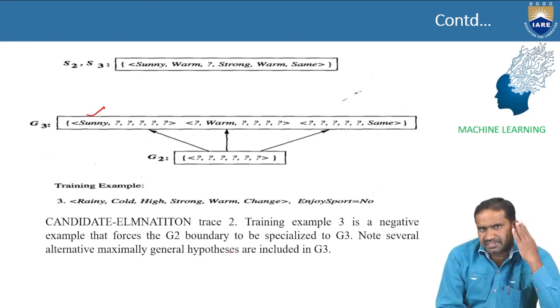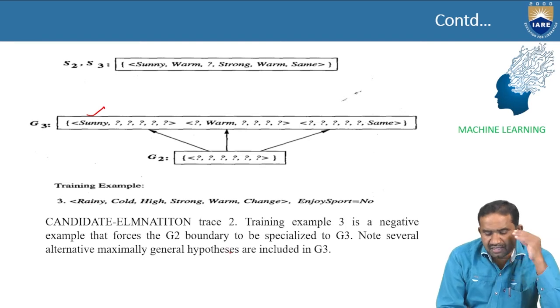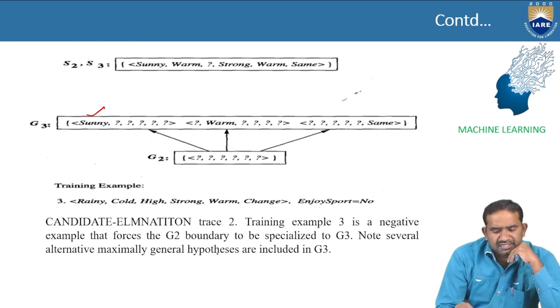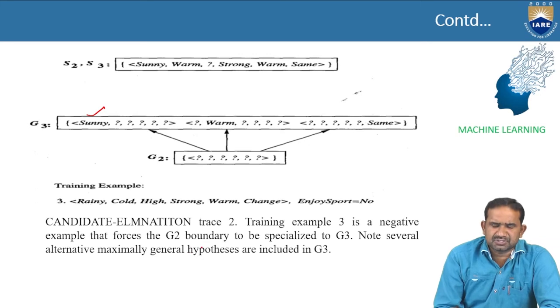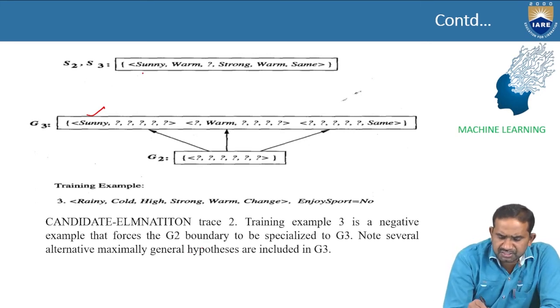We start with the generalized one and try to make it more specific, because it is a negative example. We compare with the given hypothesis. In the specific hypothesis it is sunny, whereas the training example is rainy, so rainy is replaced by sunny.